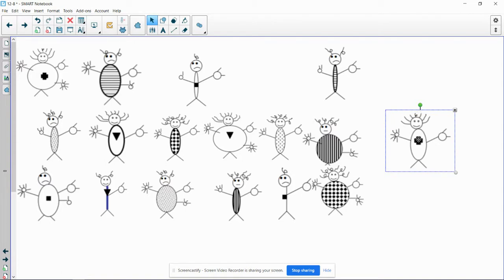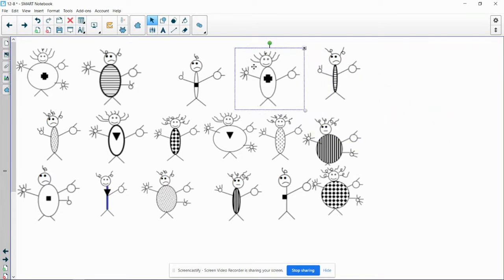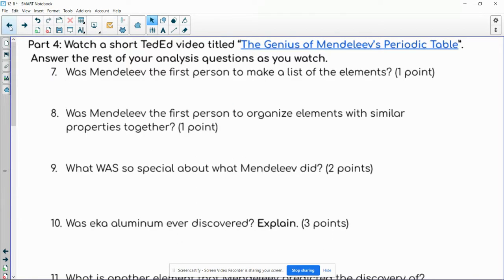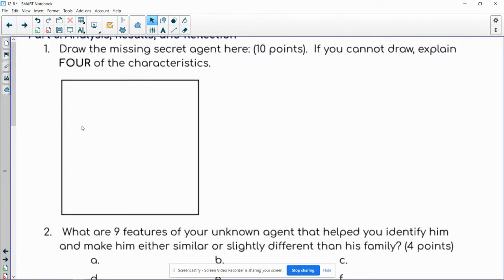There's the pattern on the body, not just the shape of the body, but the pattern. There are all these different characteristics you could use to explain what the missing person looks like. You can say they have 8 hairs, it's curly, they have 7 fingers, a skinny body, 2 arms or 3 arms, and vertical stripes. So it should be pretty easy. Even if you can't draw it, you can explain it.